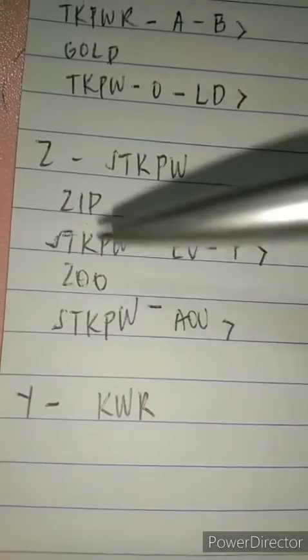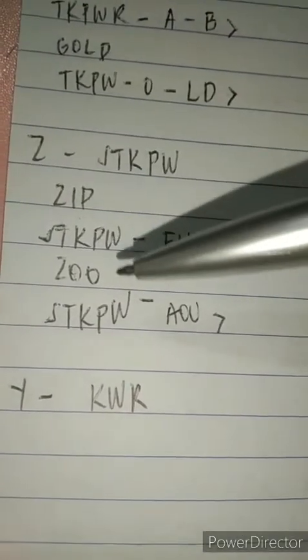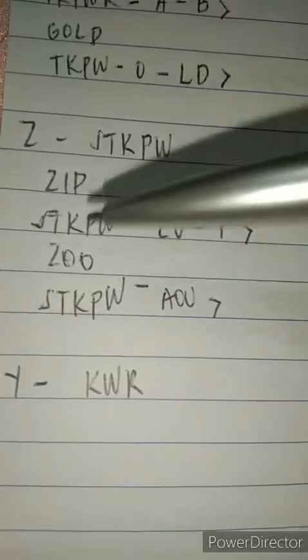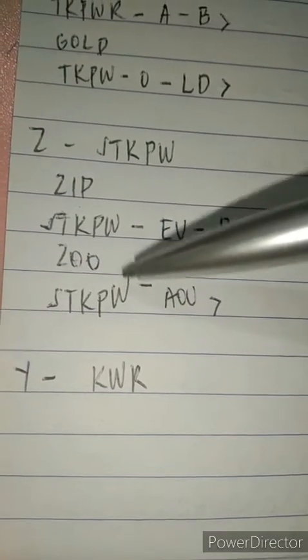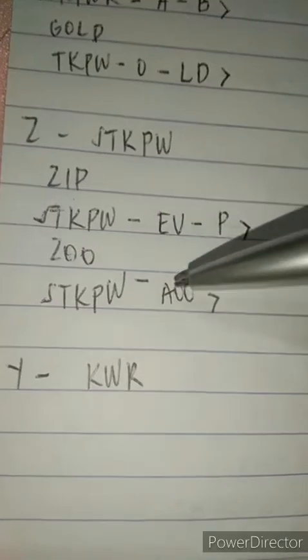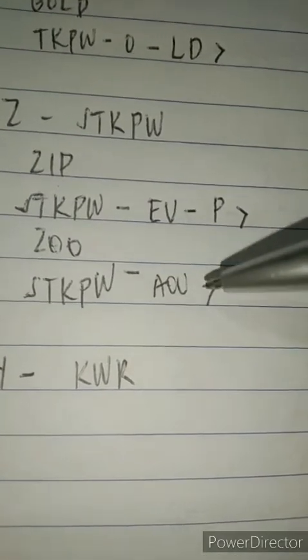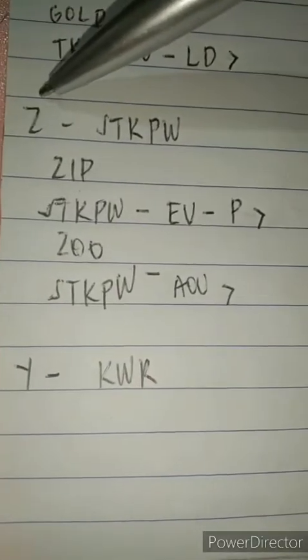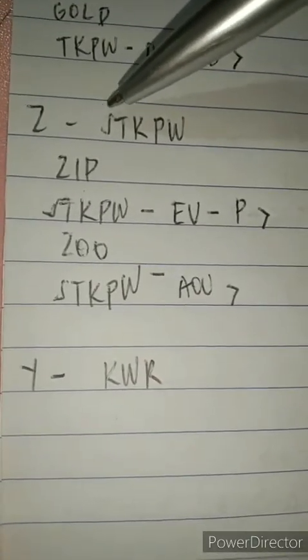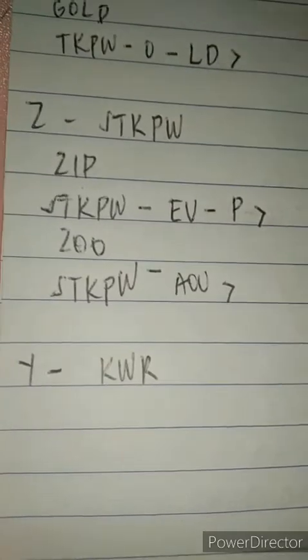So another example for the Z is zoo. Beginning letters STKPW, and vowel letters AOU, and release. So again, for the letter Z, it is represented by STKPW.